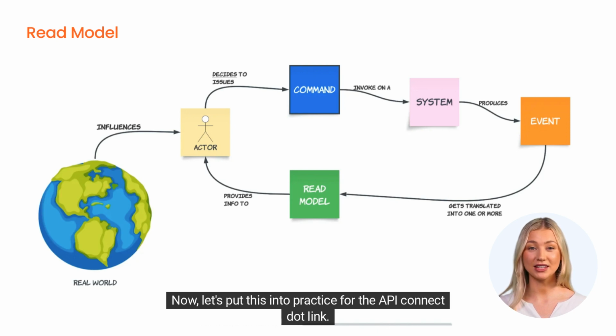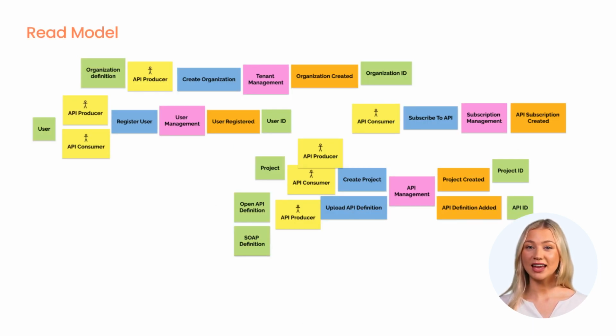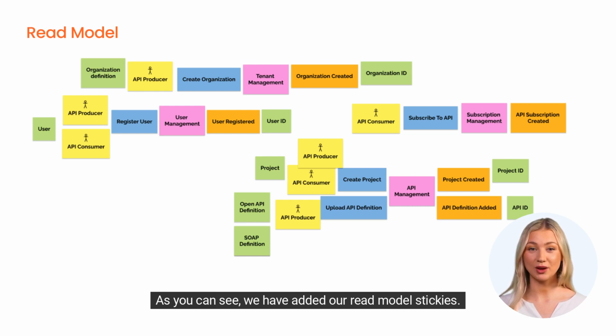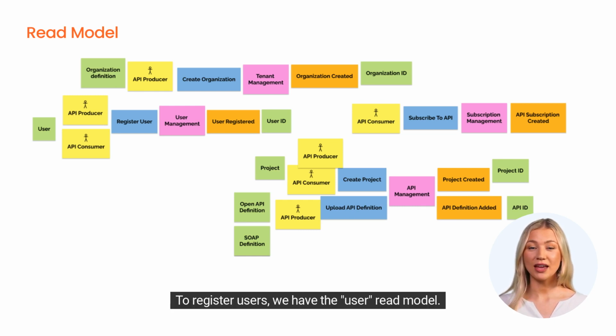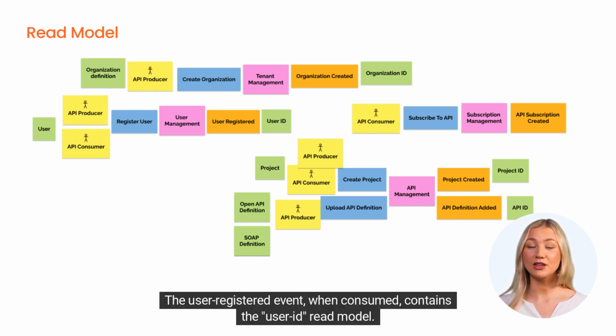Now, let's put this into practice for API Connect.link. As you can see, we have added our read model stickies. However, we left out the subscription management part. To register users, we have the user read model. The user registered event, when consumed, contains the user ID read model. We have the organization definition read model to create an organization.